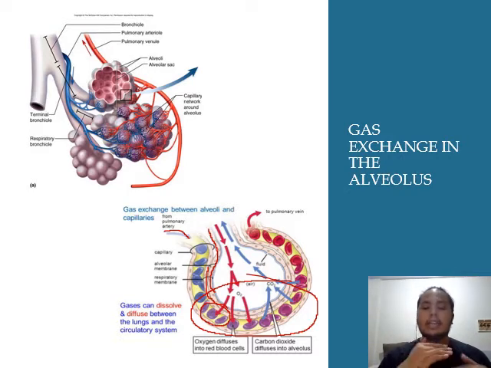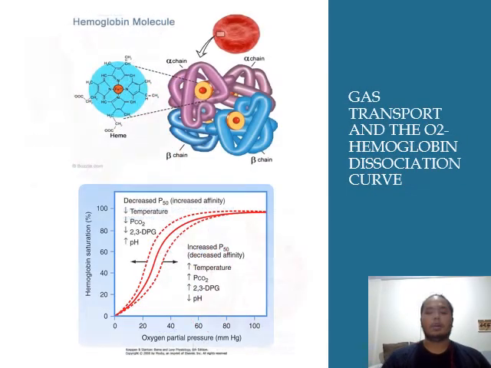Nangyari na yung gas exchange. Pag-usapan natin paano siya ikakalat ng katawan para magamit. Alright, so here we are with this very famous protein, si hemoglobin. Isa siyang what we call a quaternary structure protein. Pag sinabing quaternary, meaning yan na yung pinaka-complex.